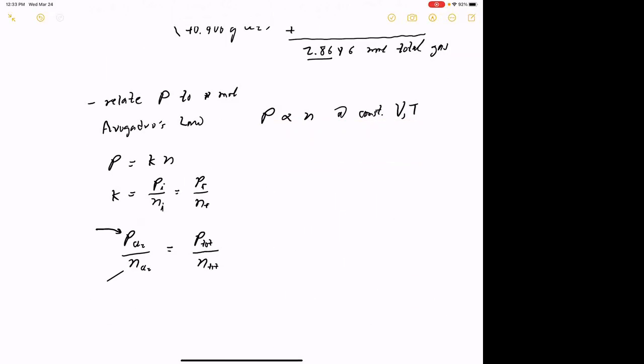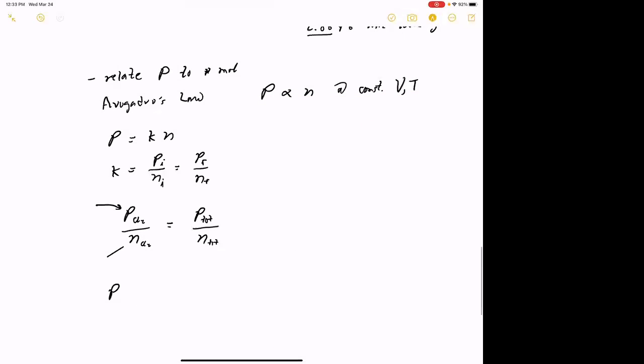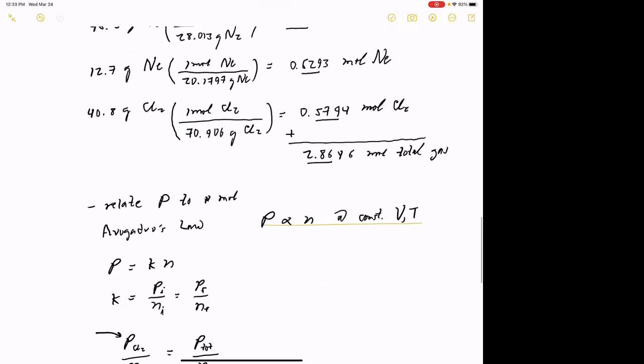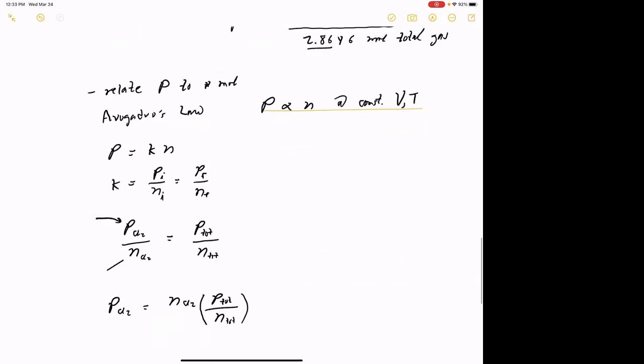So now let's go ahead and solve the equation for that. So that's going to equal the number of moles of Cl2 times the P total divided by the n total. Now, do I have all those things? I think I do. Do I have the number of moles of the Cl2? Yeah, I got that. Do I have the total pressure?